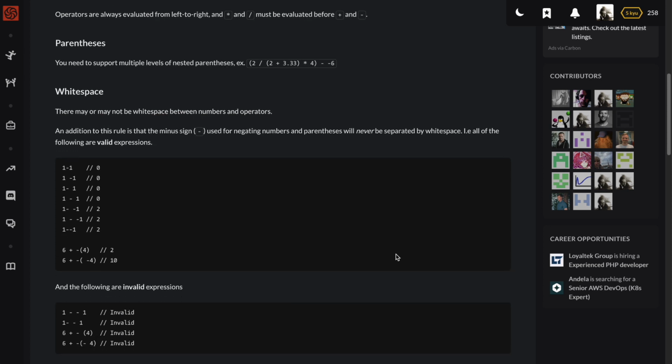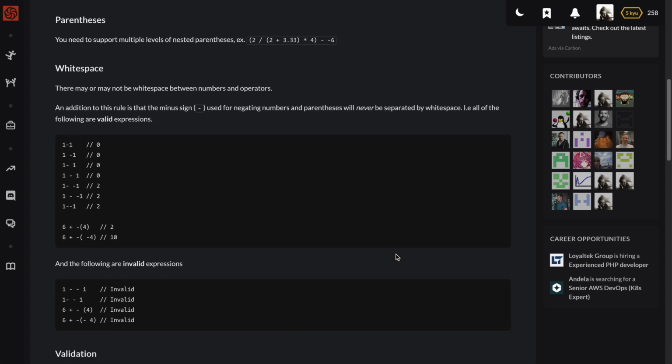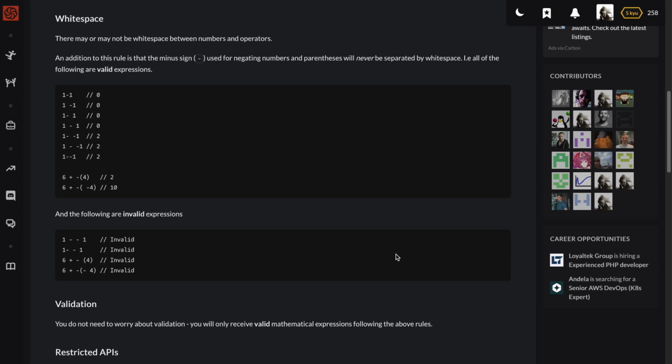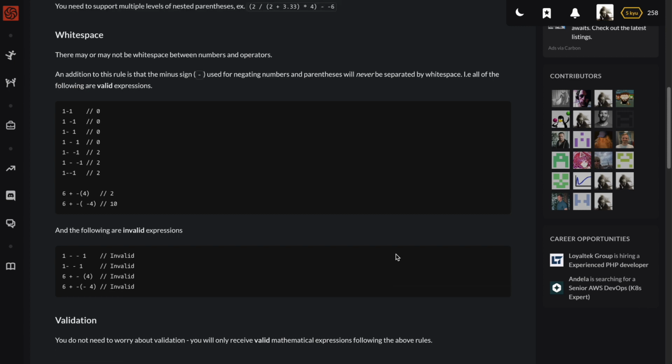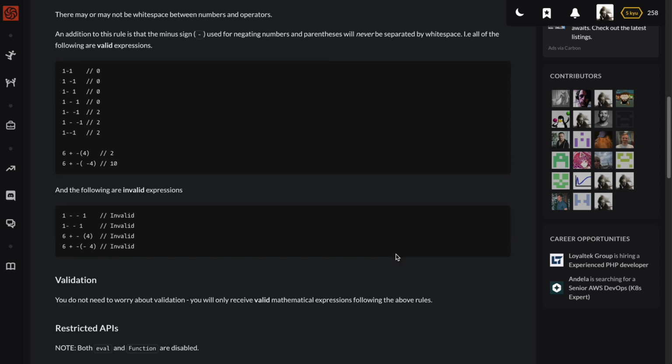We have some invalid examples below, and the validation, that's definitely something that's a lifesaver for us. We don't have to worry about writing code to validate the expression. We're guaranteed to have an expression that's going to be valid. So that's a little bit of a load off of us. And restricted APIs, no eval or functions, they're disabled.